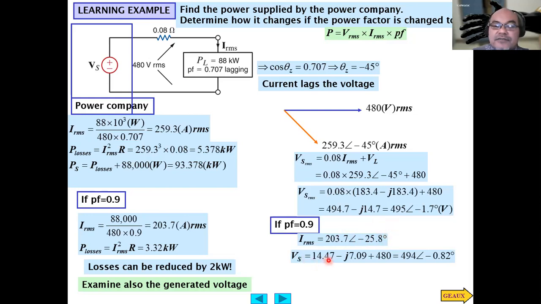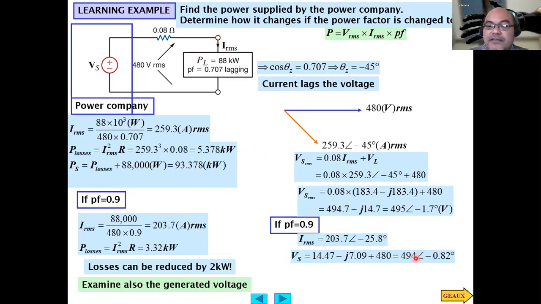The voltage source equals 0.08 ohm multiplied by the current, the Irms, which is in complex format, plus 480 volt of the load.